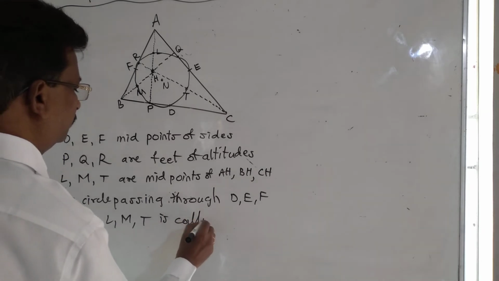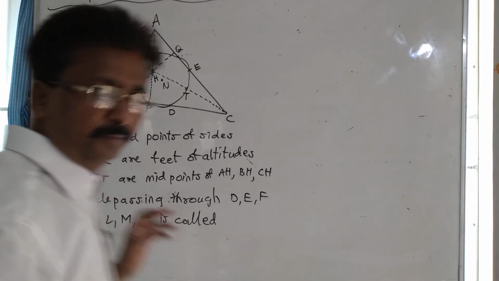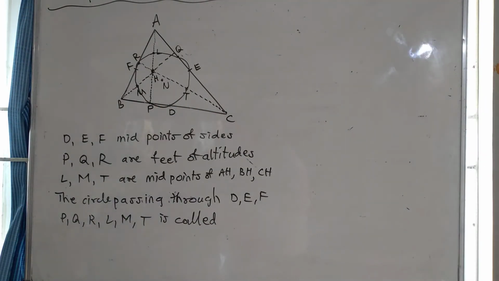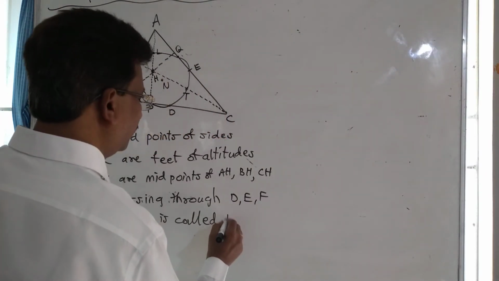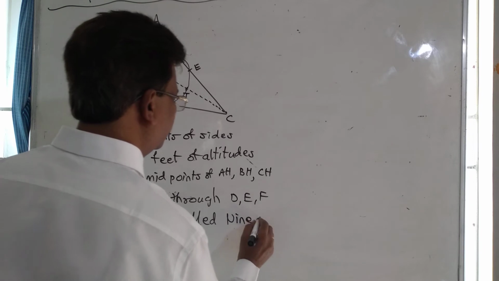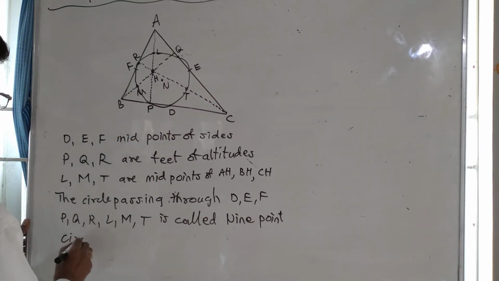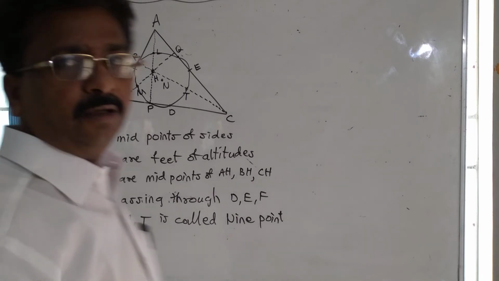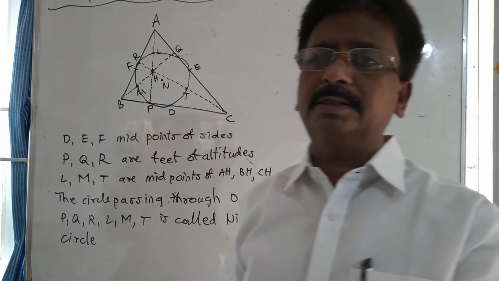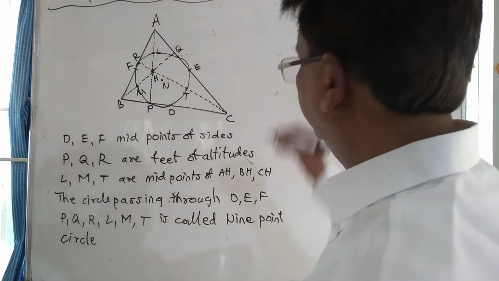is called the 9-point circle, whose center is called the 9-point circle center.